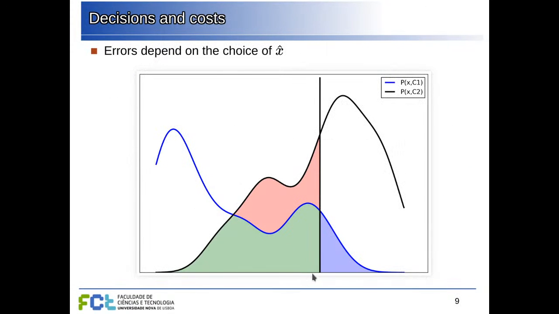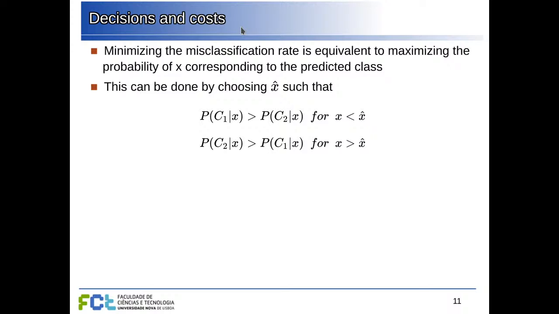So basically we are drawing this line here, and we're saying on this side we have class 2, so this is correct, this here is wrong. This would be the cases of class 1 that we are classifying as class 2. And on this side we have class 1, and so these will be correct, and this part will be wrong because these would be the class 2 examples that we are classifying as class 1. If we want to minimize the errors, the classification rate, we are basically trying to maximize the probability of x belonging to the correct class.